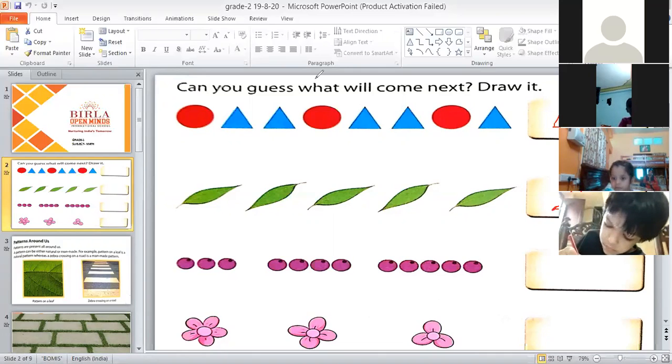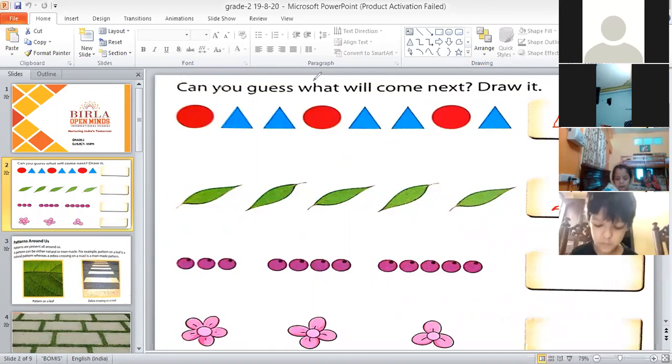Now you have to see your next pattern, right? In the first one, it looks like a circle. So three circles are there. Then after that, 1, 2, 3, 4 circles are there. After that, 1, 2, 3, 4, 5 circles are there.